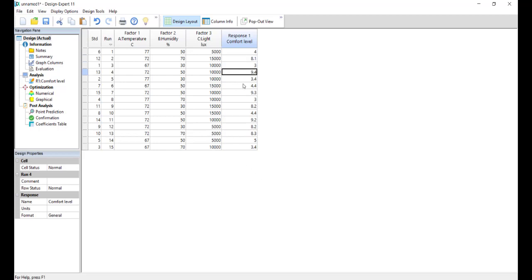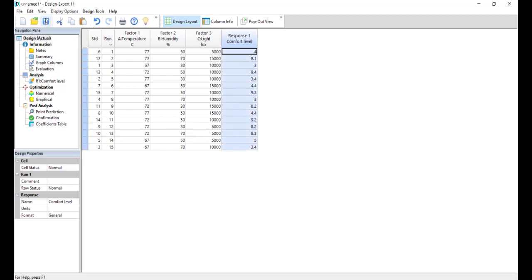So you can see the responses which we received: the higher it is, the higher the comfort level. So you can see here we have from 3 to almost 9.4. So we have collected the responses.